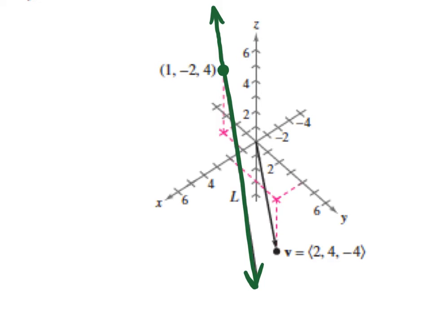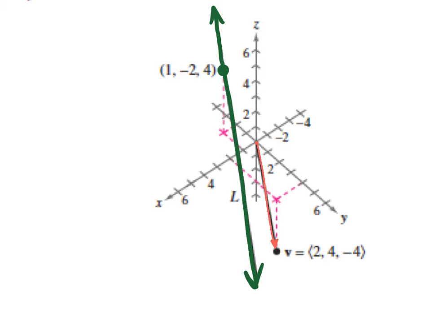And we're given this direction vector. Now, a direction vector is not bound to a location. You guys know that. Vectors are not bound to a specific location. But basically what we want is we want this line L to be parallel to that direction vector. In other words, we want it to have the same direction.